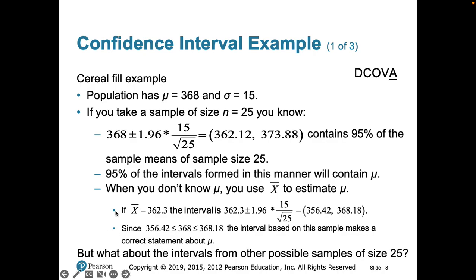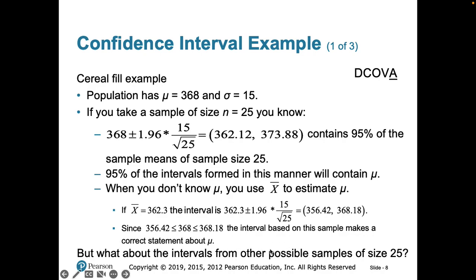After solving this part of the equation, you will get that 356 is less than or equal to the mean, which is 368, which is less than or equal to 368.18. So the interval based on this example makes a correct statement about mu, or the mean for the population.